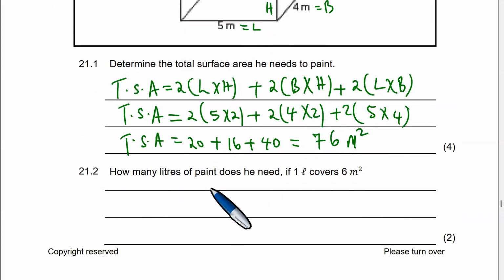How many liters of paint does he need if 1 liter covers 6 square meters? Do this one for 2 marks, just in 1 minute. How many? Surface area.